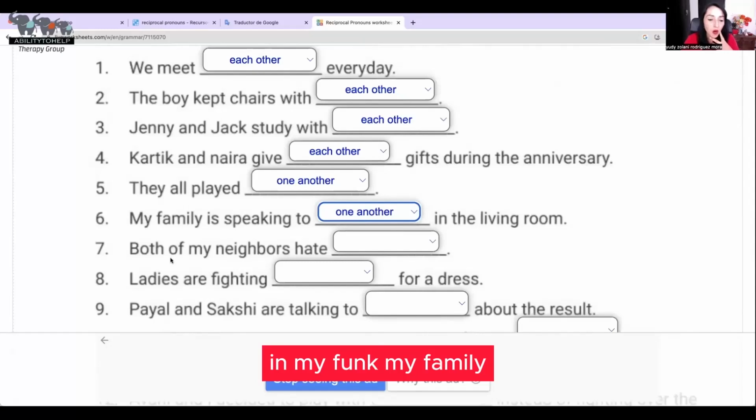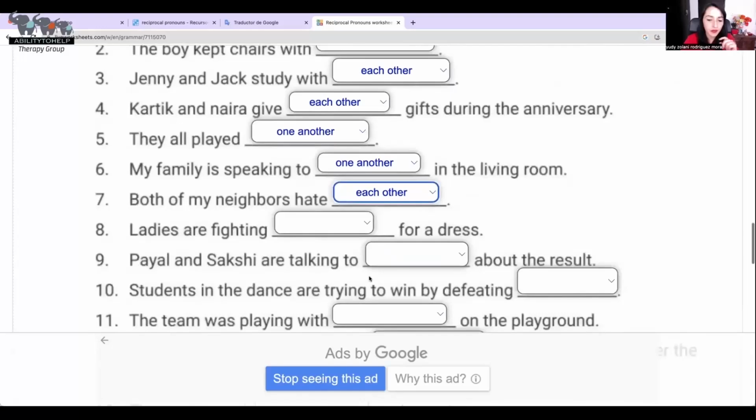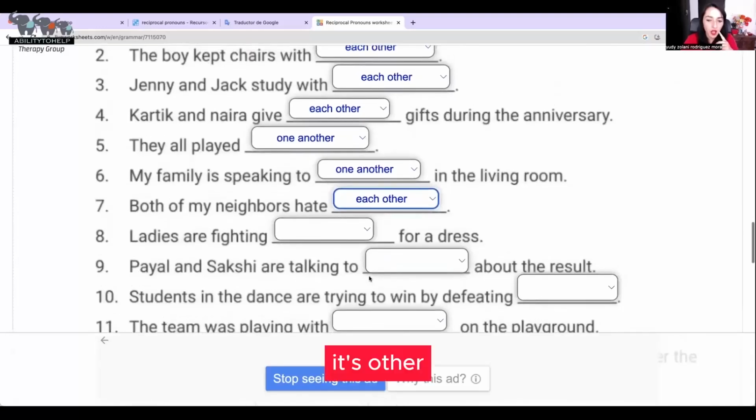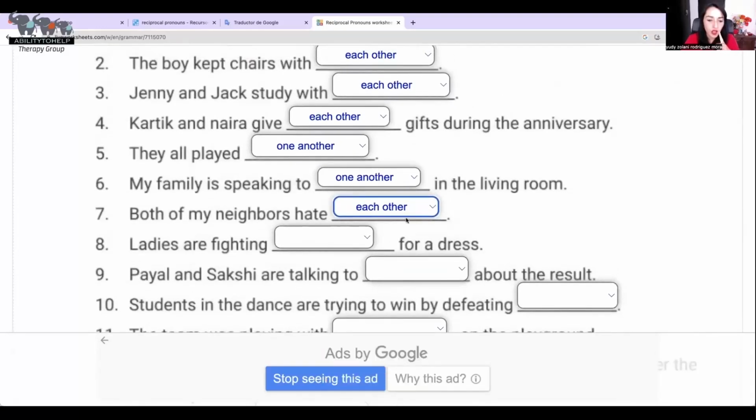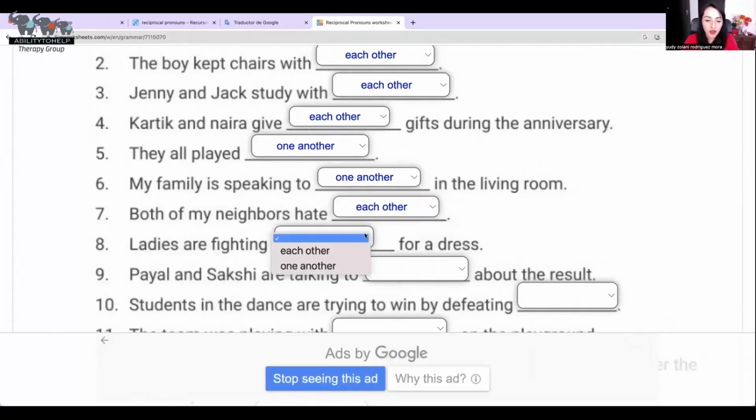Both of my neighbors hate each other. When you read both, they are talking about 2 of them, so each other. Ladies are fighting for a dress.